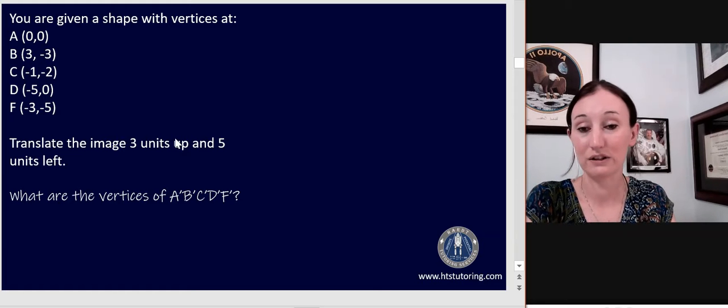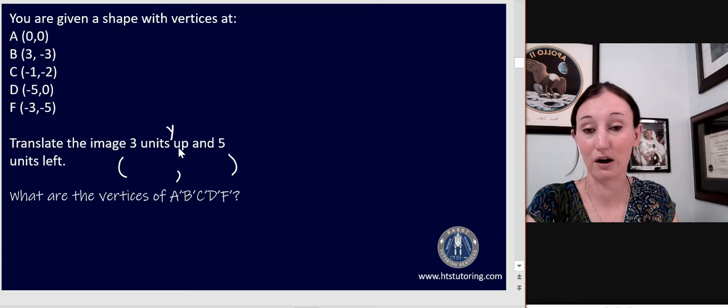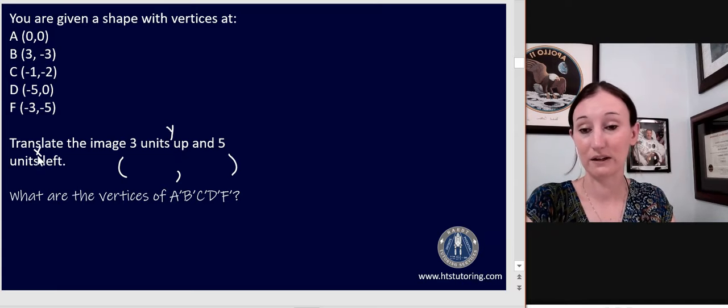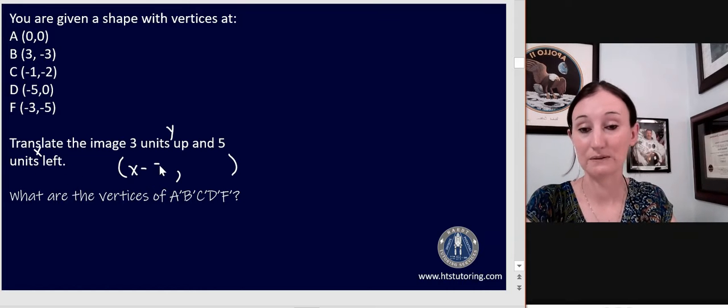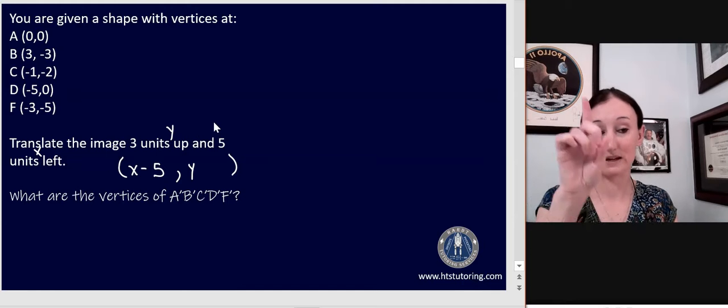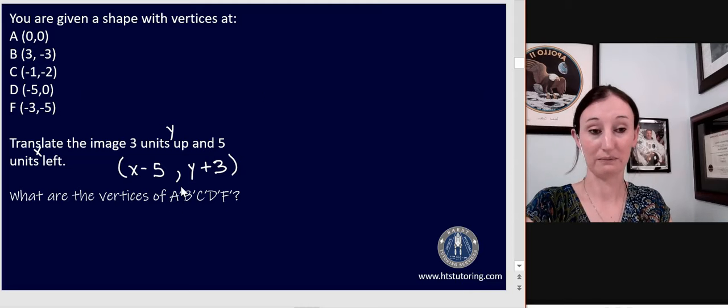If we are translating the image 3 units up and 5 units left, 3 units up, up and down, that's talking to the y. 5 units left, that's talking to the x. So we're going to take x, we're going left, that's minus 5. And for y, we're going 3 units up, so it's our y coordinate plus 3.